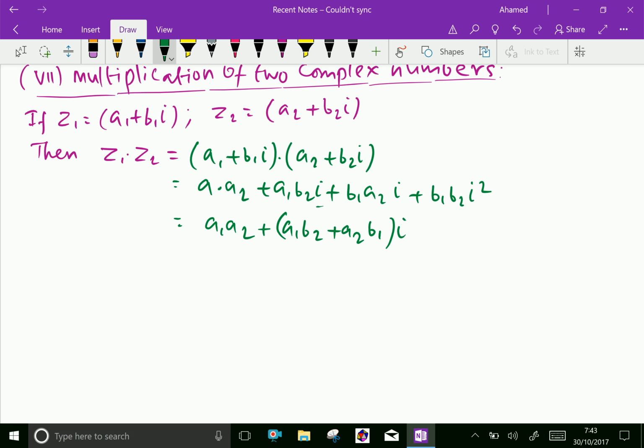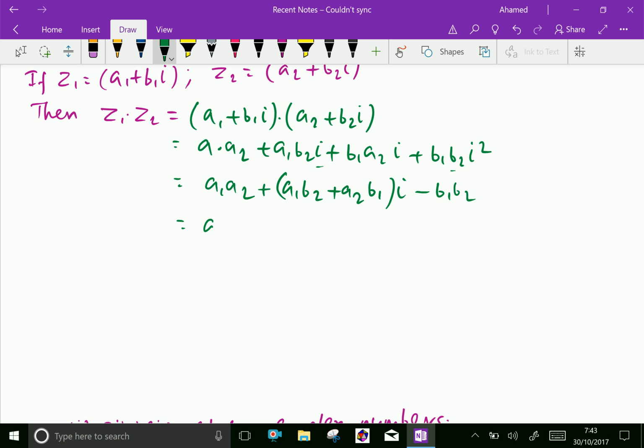Here the last part, i squared is minus 1, so we can write minus 1 into b1 and b2 is minus b1 b2. Now collecting real parts, a1 a2 minus b1 b2 is the real part, plus a1 b2 plus a2 b1 is the imaginary part of the product of the complex numbers.